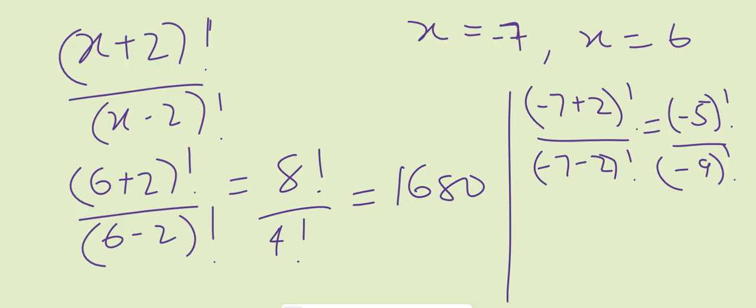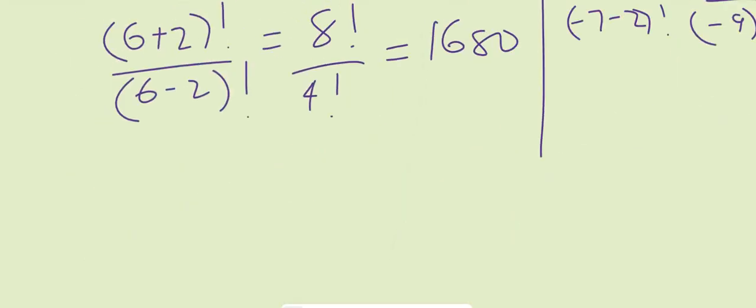This gives a wrong solution, because minus 5 factorial will give you a math error, which is not possible. So which implies that the only answer to this is x is equal to 6. So x is equal to 6 is the answer to the question.